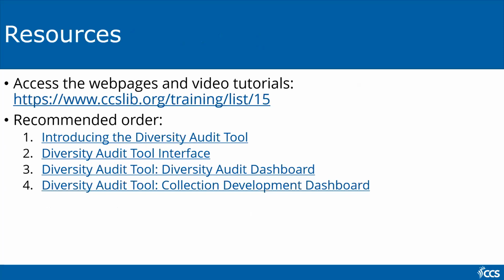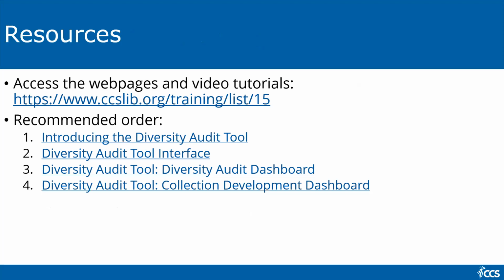So before I demonstrate how to access the dashboard, I'd like to review the training documentation and videos that are available to you. There are 4 pages of documentation and videos that you can refer to after this session. We did send those links out in the CCS newsletter, so you may already be familiar with those. I recommend reading and watching the videos in a specific order.